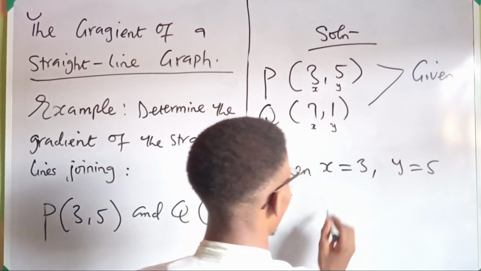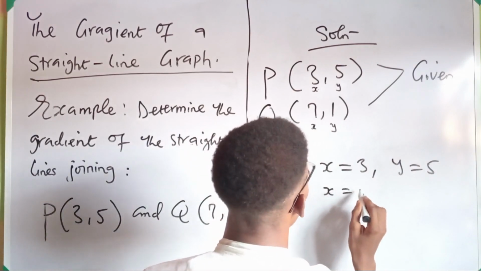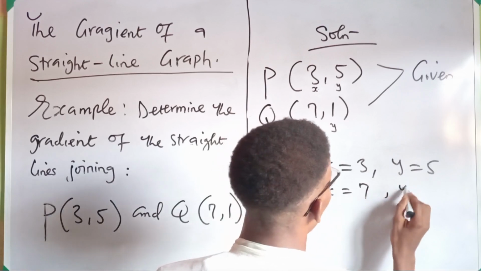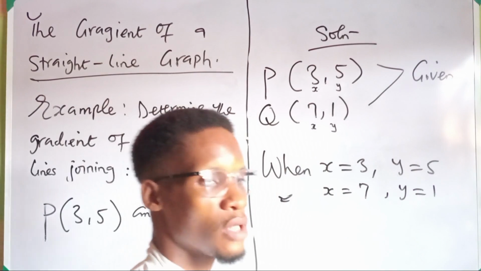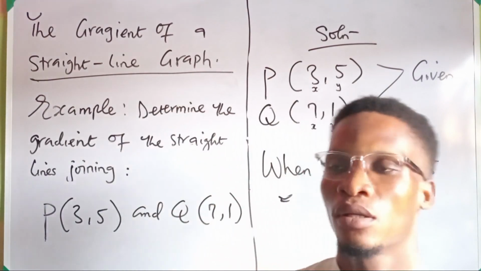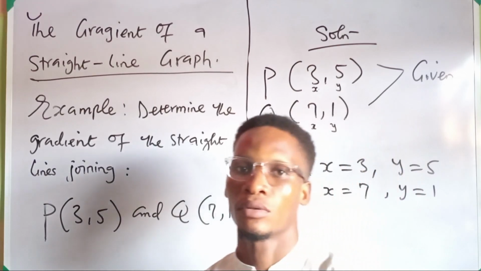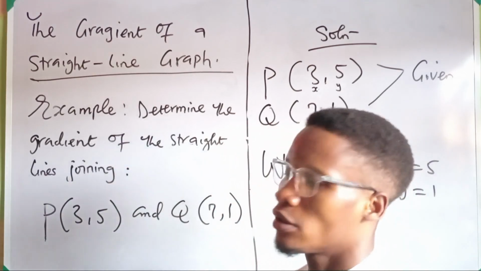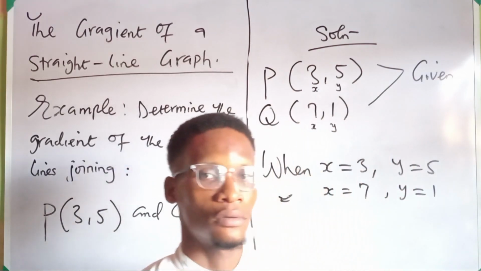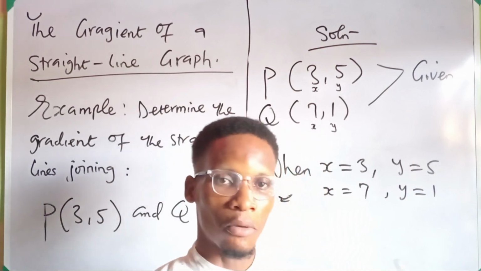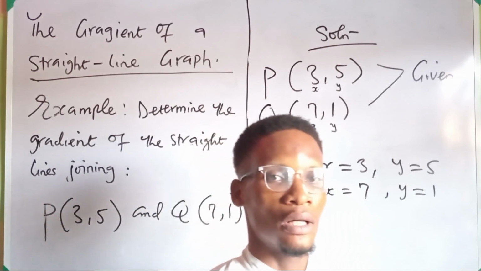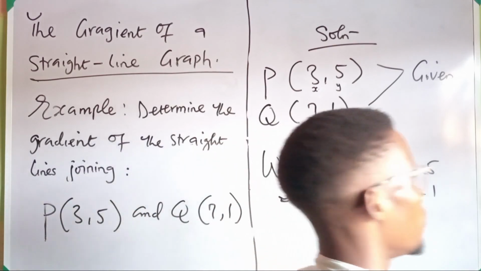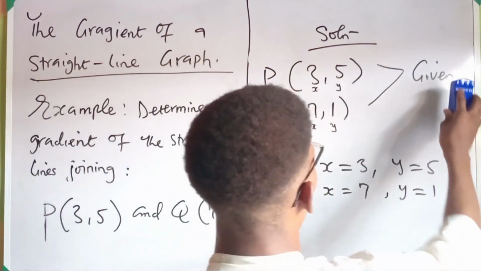Same when S equals 7, Y equals 1. That's how you solve this. This will help you to represent the data or coordinates on the graph sheet. Make sure you are using a graph sheet when you are plotting this. You can still use a normal piece of paper, but graph paper will give you the best results.